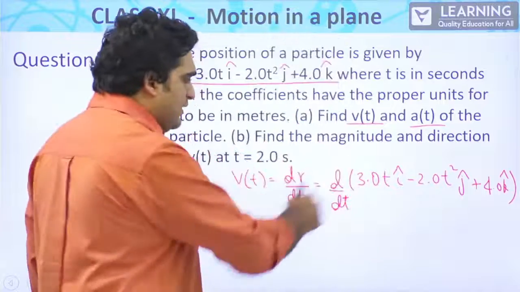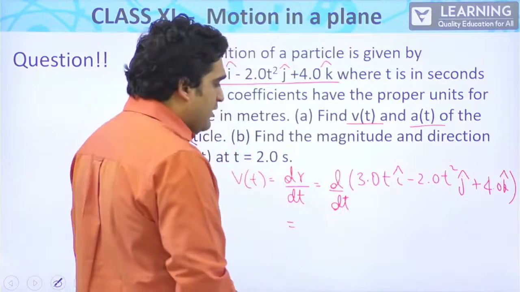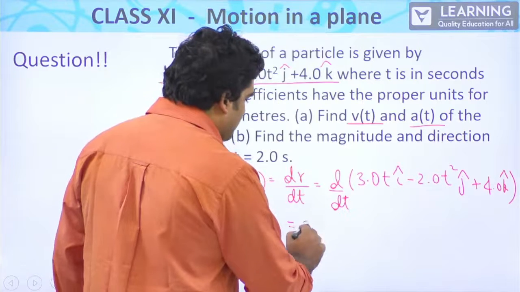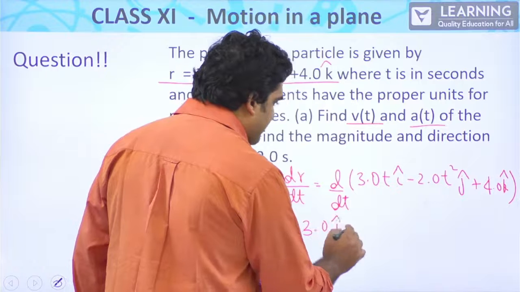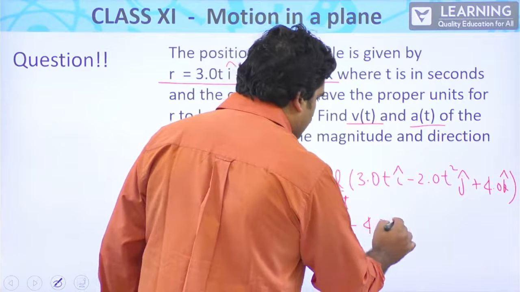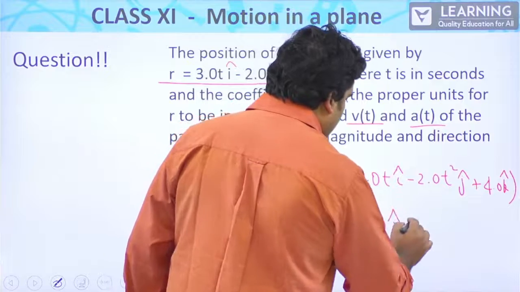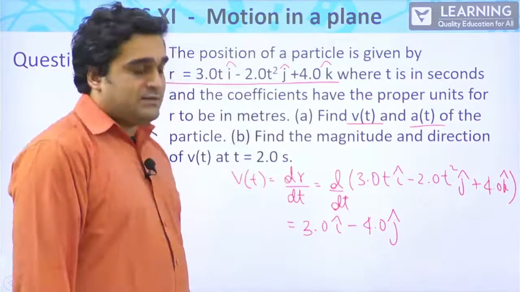Now we need to differentiate the following equation. Go ahead and try this with me. So you get 3.0 i cap minus 4.0 j cap, and then differentiation of just a constant is 0.